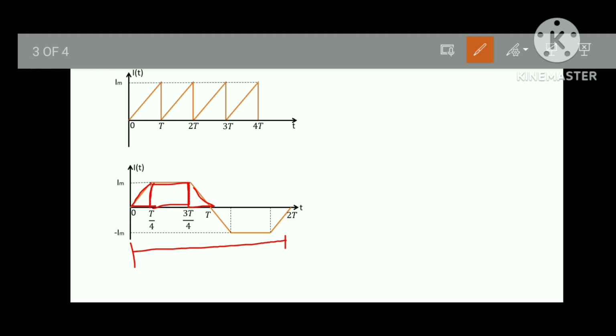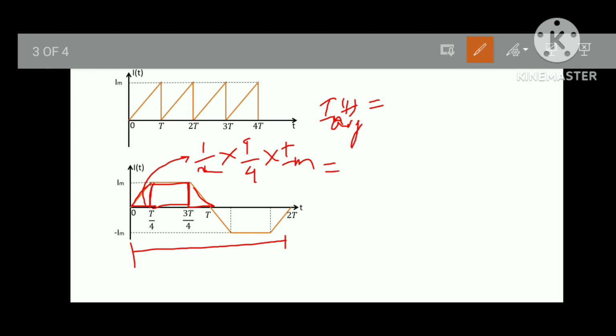So let's find I of t average. This is the first triangle, where the area is half into base T upon 4 into height Im, which is T Im upon 8.